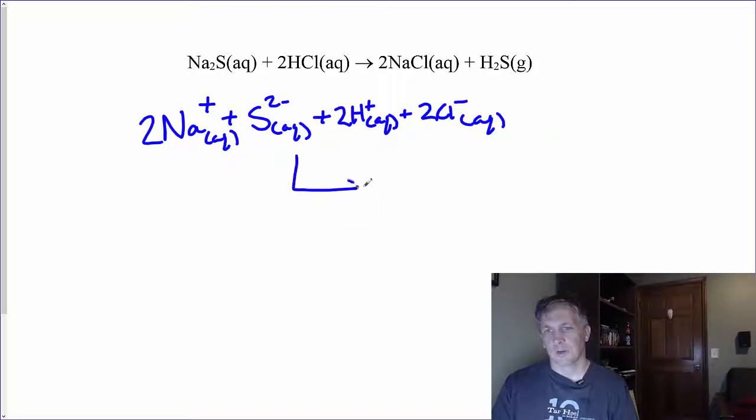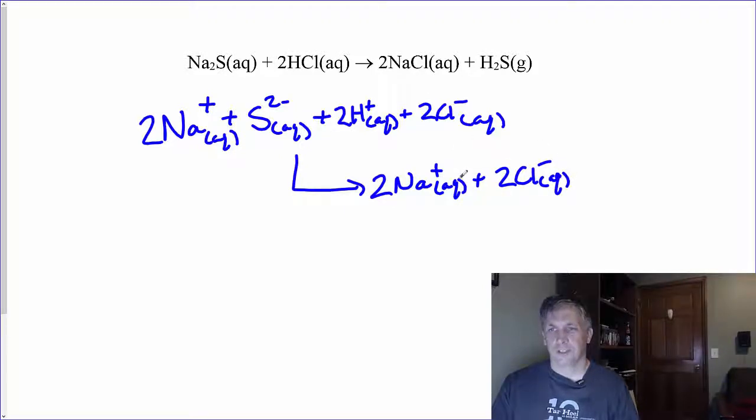And I'll give myself some room down here. Now on the product side, we get the sodium chloride, again, it's aqueous, it's ionic, so it'll also dissociate. So let's rewrite that to show it as dissociated. And you'll notice I'm keeping the coefficients because that'll help in a lot of cases.